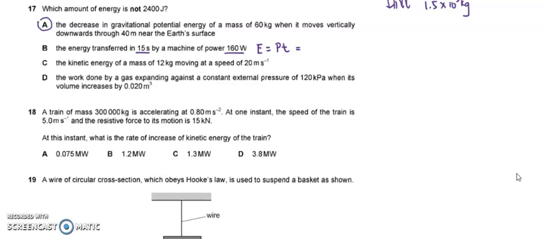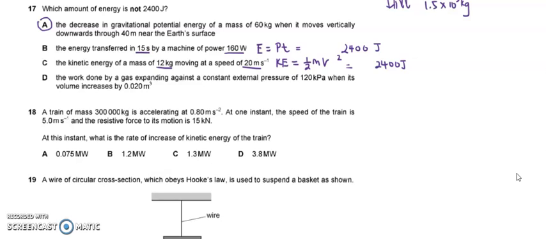You work this out, you will get 2400 joule. The kinetic energy of a mass, this is m, moving at the speed of 20 meters per second. So KE equals half mv squared. And if you work this out, you get 2400 joule.